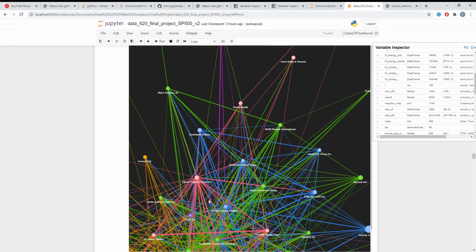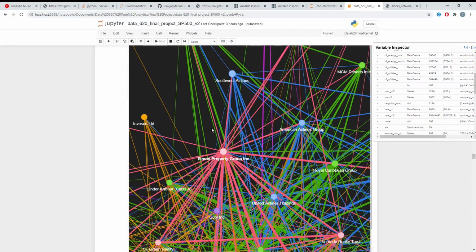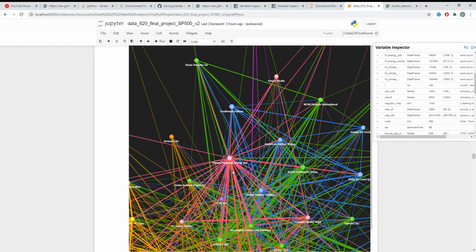And then you also see Simon Property Group, one of the largest owners of malls. Malls have gone through the same kind of disruption during the COVID pandemic, where a lot of people just aren't going to malls, just like they aren't using cruise lines, airlines, or staying at hotels.